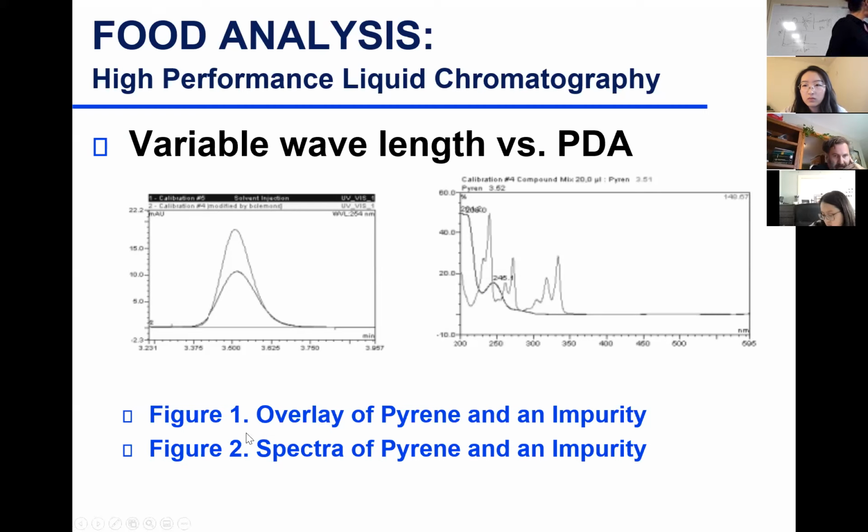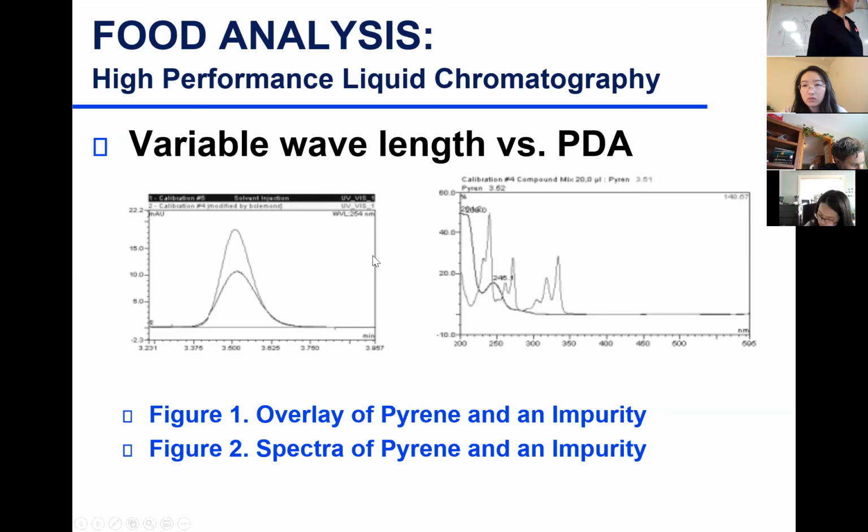So this is another example of pyrene with an impurity. Your chromatogram shows you one peak. There is a hidden peak inside that you don't see. You just think this is just one peak, but actually there is an impurity coming at the same time that you cannot see.